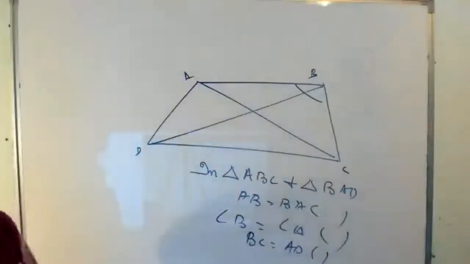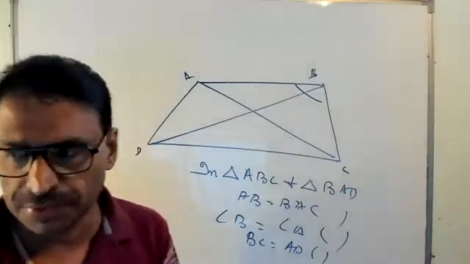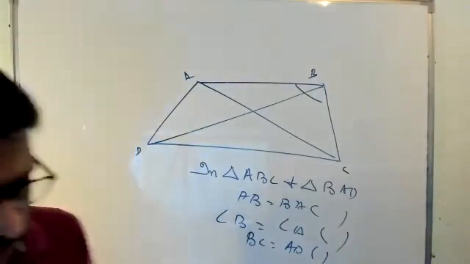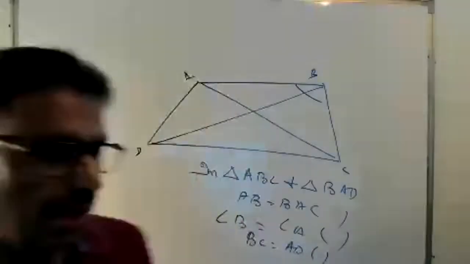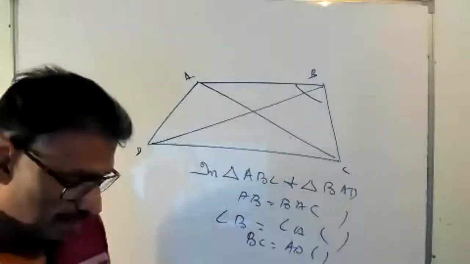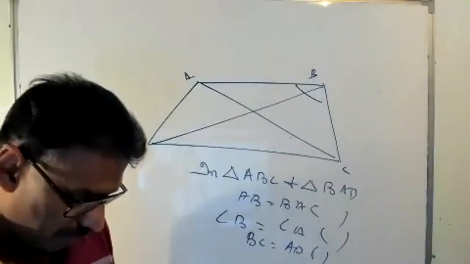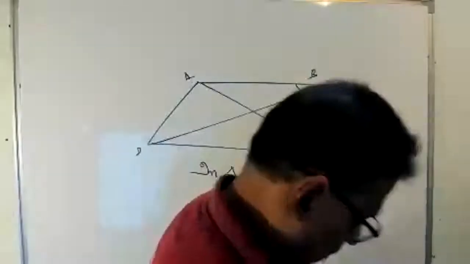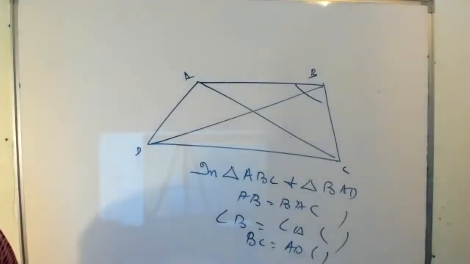Okay. In triangle, draw another separate figure. In triangle ABC and BAD, AB equal to BA, common.